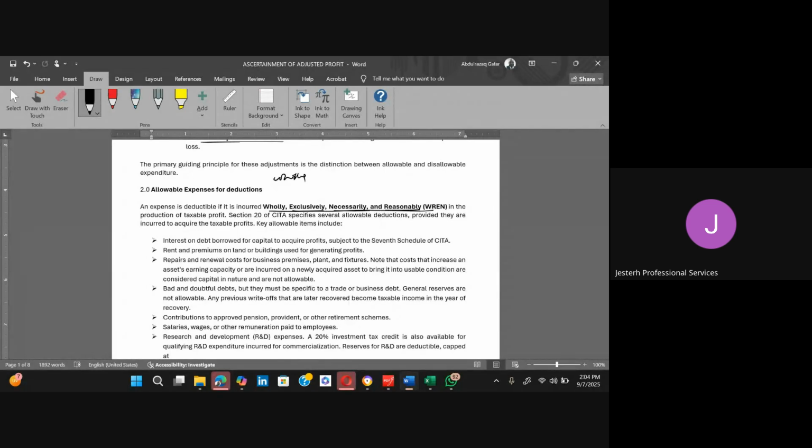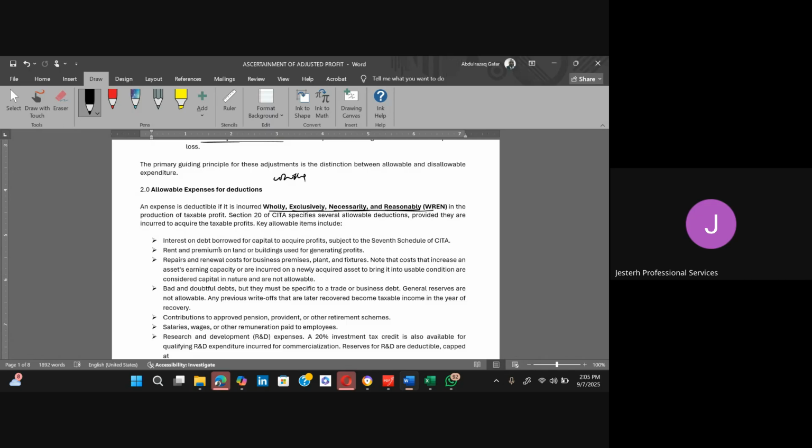All these four principles are sometimes at the discretion of the taxman, because there may be instances where you incur some expenses and the taxman tells you they are not going to accept them, that they are not reasonable or not necessary for the business. But it also depends on how a business can defend such expense, that it actually satisfies the principle so that it can be allowed.